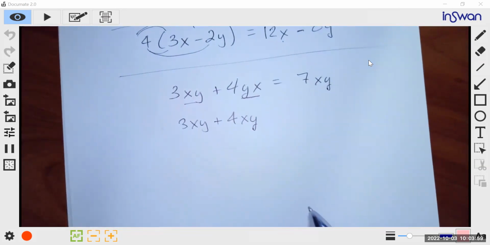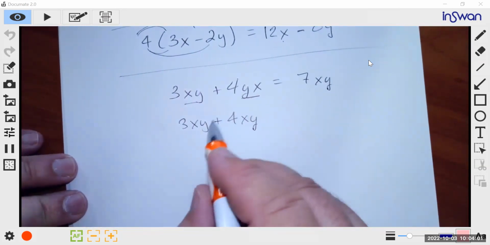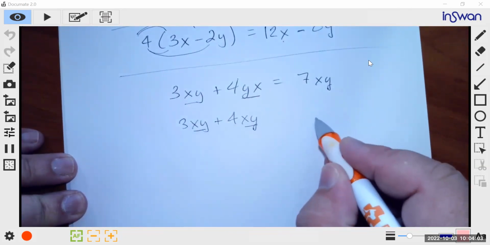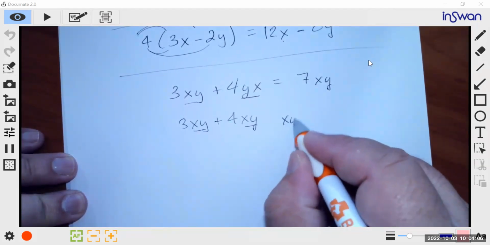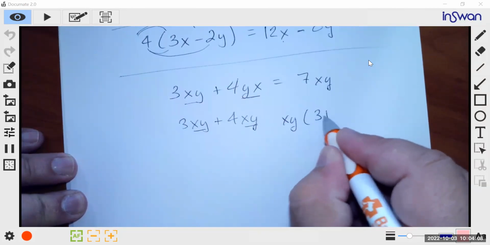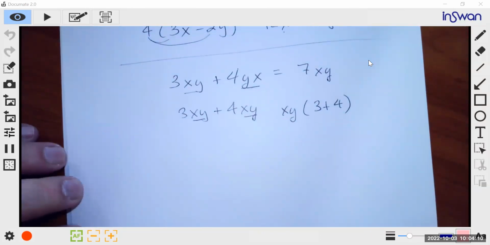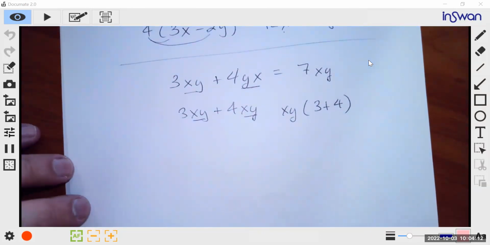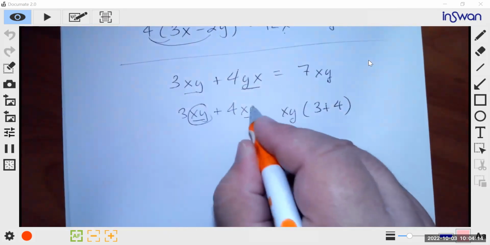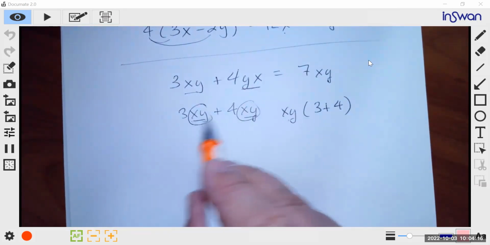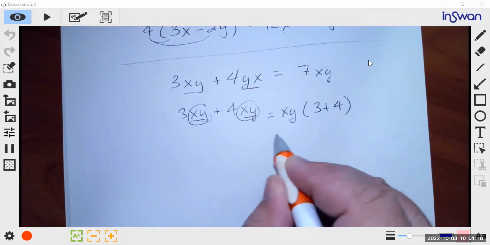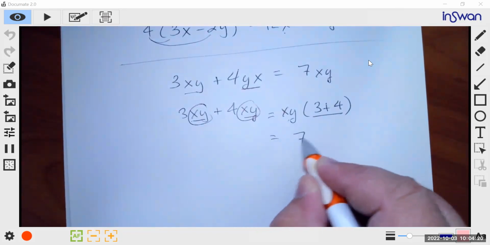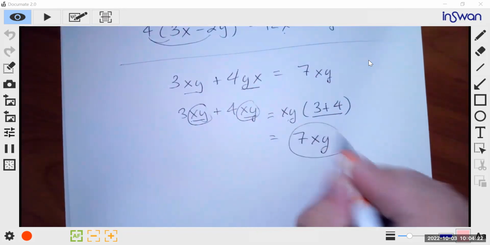You can move them around anyhow you want to. So now they're both xys. I take out the xy. What I have left is 3 plus 4. Remember we talked about factoring? They both have an xy in common, so I take it out. What I have left is 3 plus 4. 3 plus 4 is 7. 7xy.